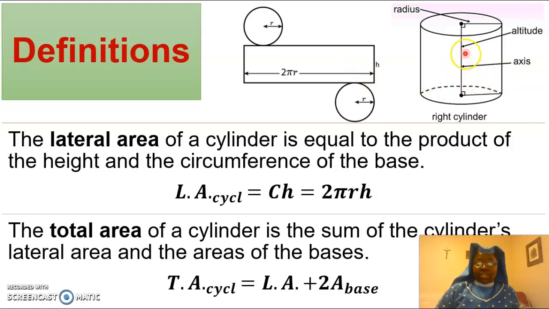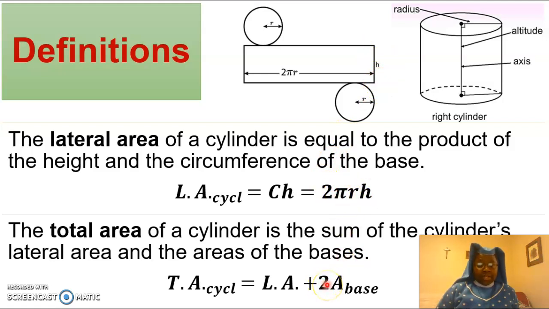The lateral area, rolled out, is going to form a rectangle, and the circumference of the base is going to be the length, and then the height will still be the height, and then the two bases, top and bottom, are going to be circles. So to find their area, we just find the area of the circle, and then calculate 2 pi r times height. That will be the lateral area of a cylinder.